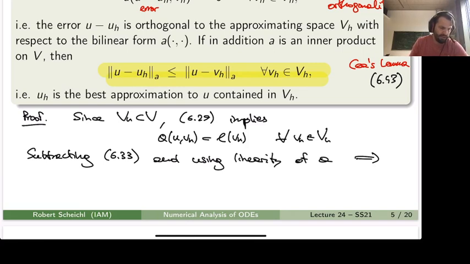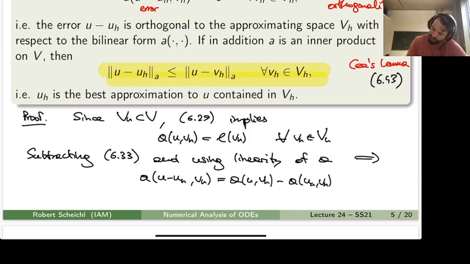So in particular, we can subtract and we get A(U minus U_H, V_H) is equal to A(U,V_H) minus A(U_H,V_H), which is L(V_H) minus L(V_H), and thus 0.